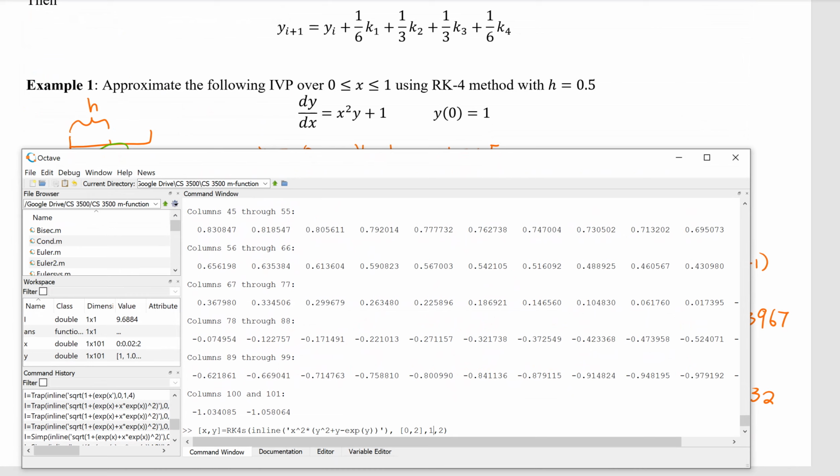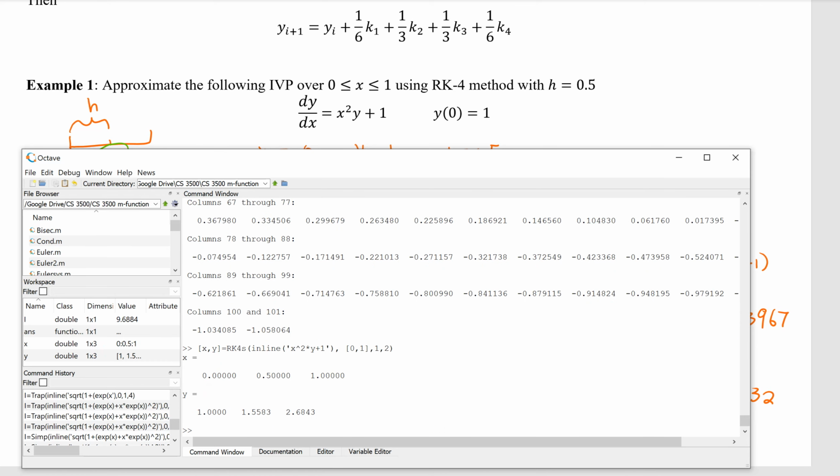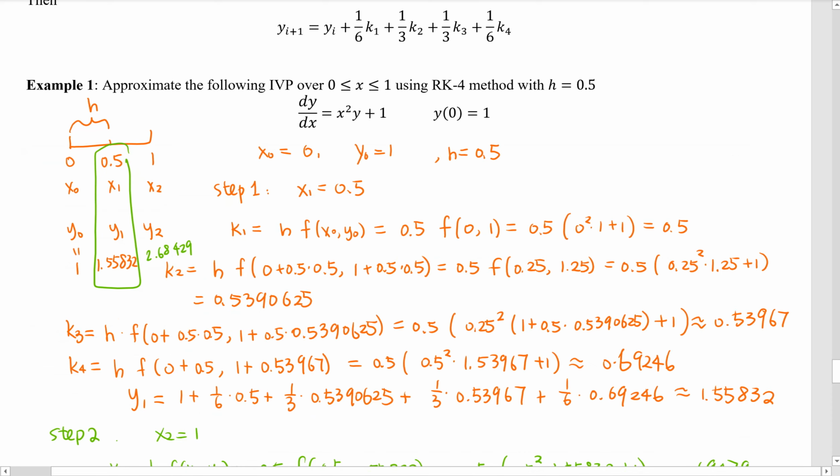The interval is from 0 to 1, and the function is x squared times y plus 1. Okay, see? 1.5583, 2.6843. Yeah, see, we get those answers. So our answers match.